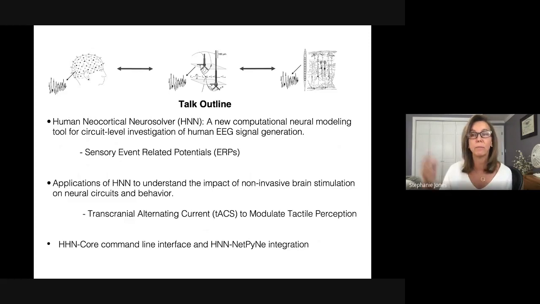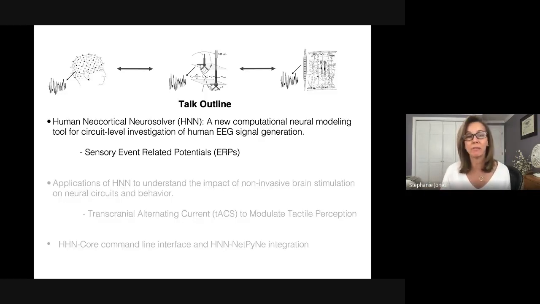In my lab, we've been using both alternating current stimulation and TMS, and so I'll give you an example of that. Everything I talk about at the beginning is with our graphical user interface. But at the end, I'm going to describe how we now also have a command line interface, and we've been working really hard to make clean open source code and integration with some of the NetPyNE tools.